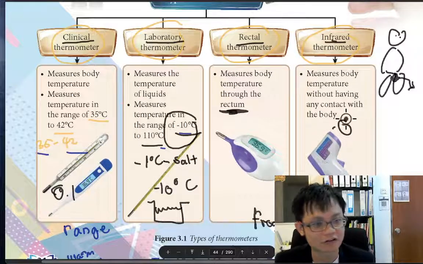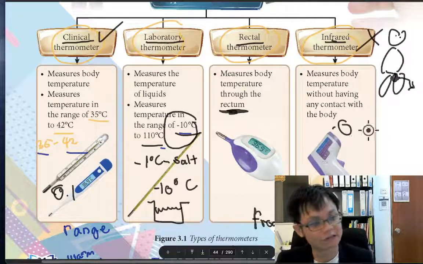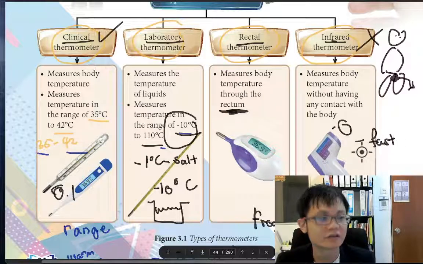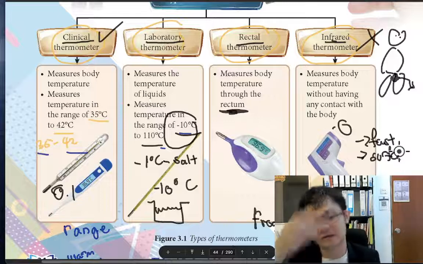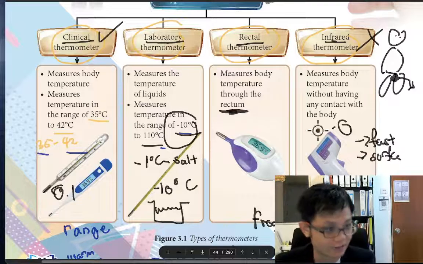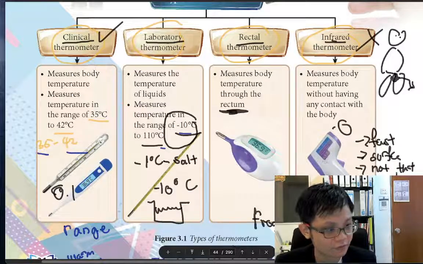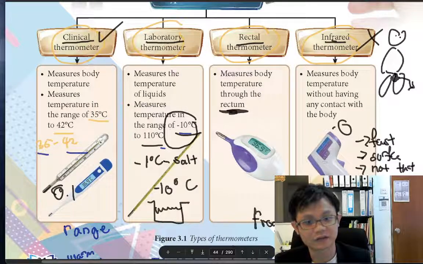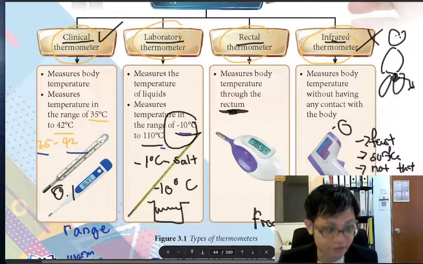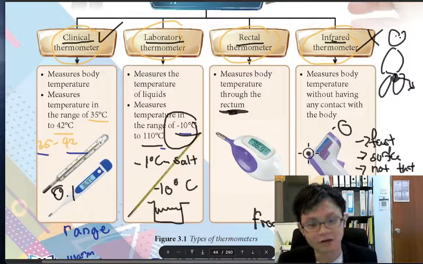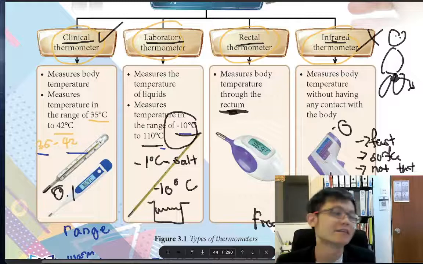Doctors won't use this one because it is fast, but it measures only the surface, so it's not that accurate. Because sometimes you are very hot, then you sit under the sun, then the temperature increases, then oh, I got fever, but actually it's not fever. You just need to wait, let the thing cool down, and the temperature will drop.